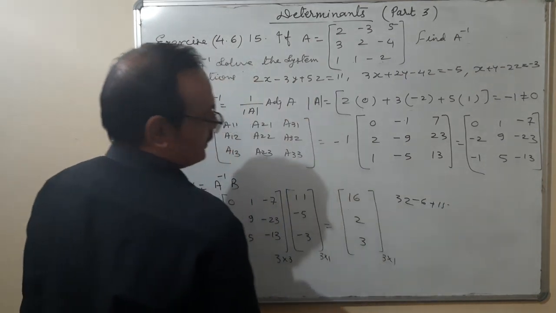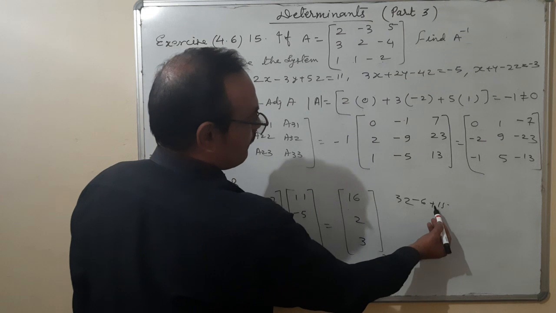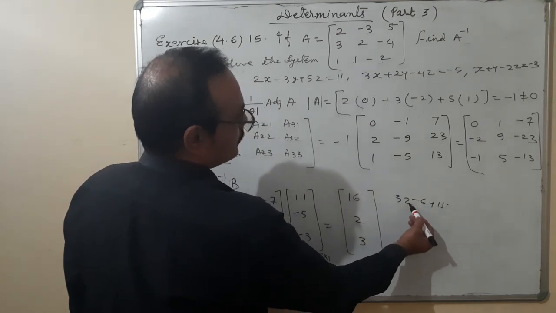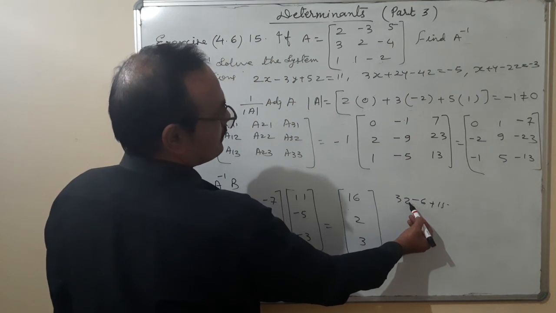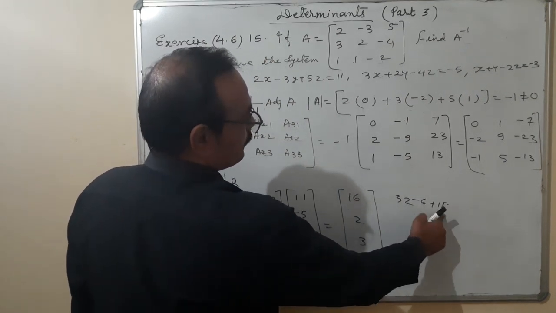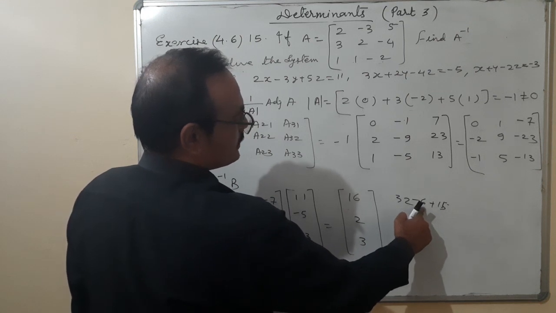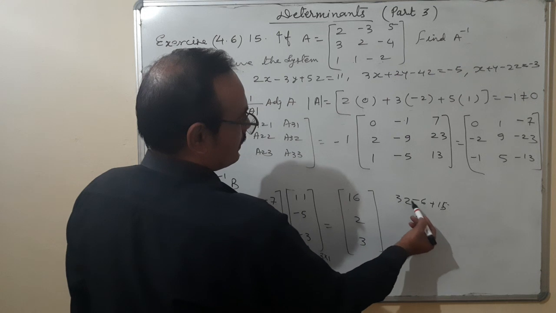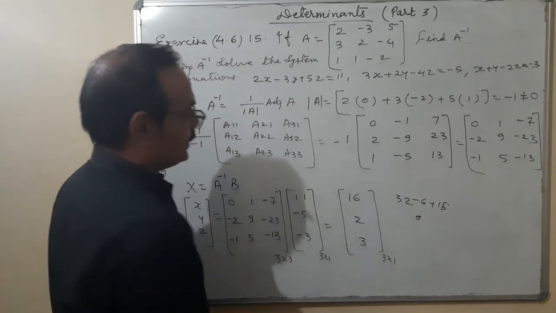Okay. So that is coming 50 minus 9 and 32 minus 15 minus 6, it is coming 9 and 32 9, it is coming 40.